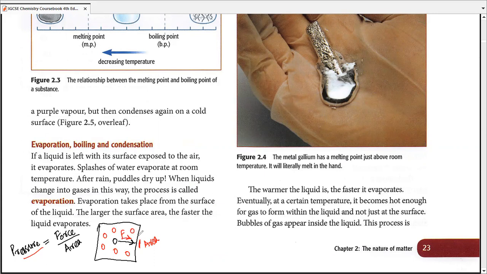The overall force of all the particles contained in a specific area, that overall force and that overall area will be considered as the pressure exerted by the particles in a specific container, right? Okay, sir. Means we're considering pressure as an overall term, not just for one specific particle.